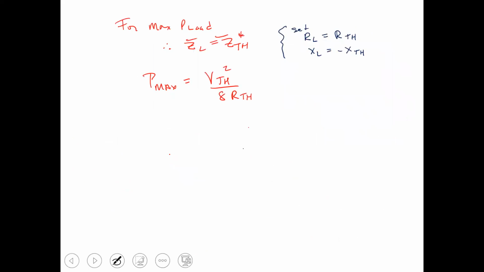Then the question is, suppose the load is only a resistor. What if you just have a light bulb?